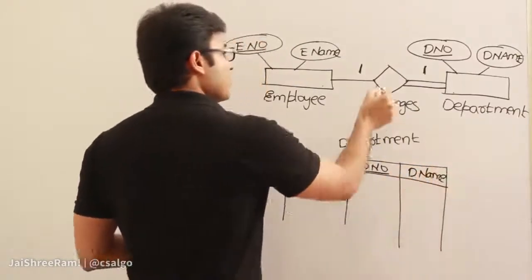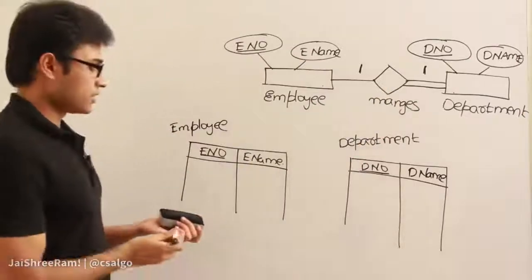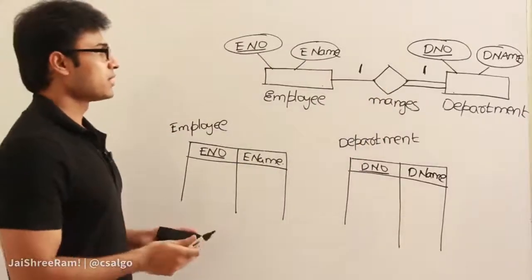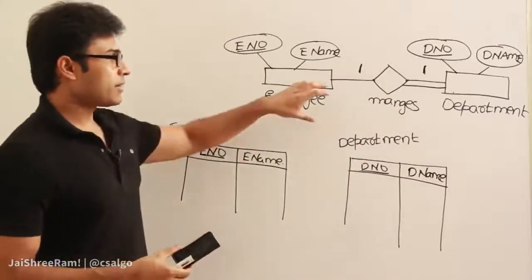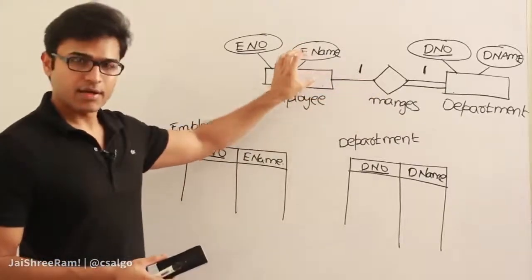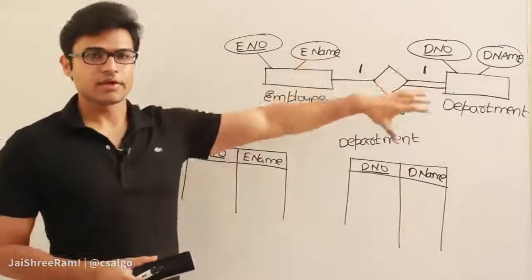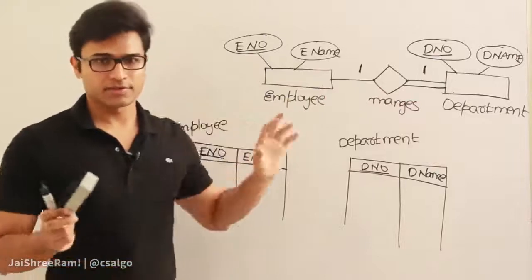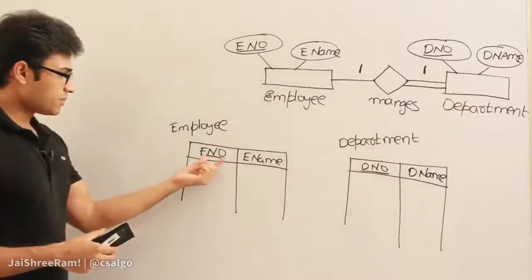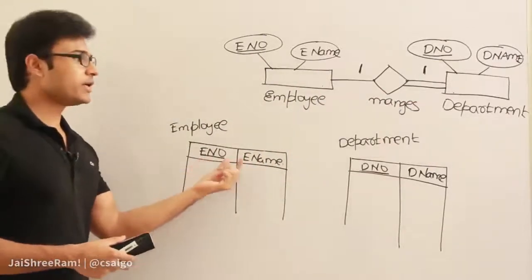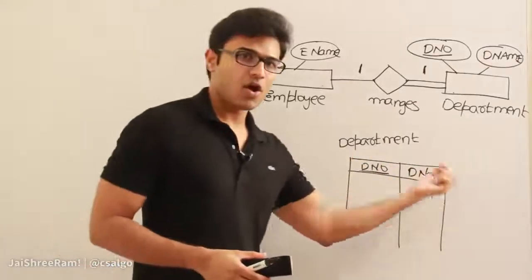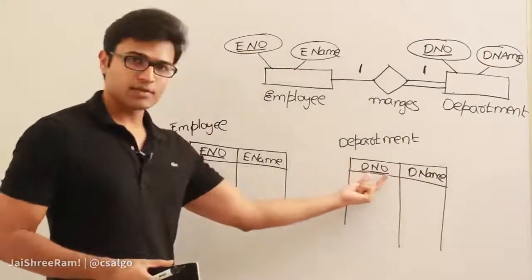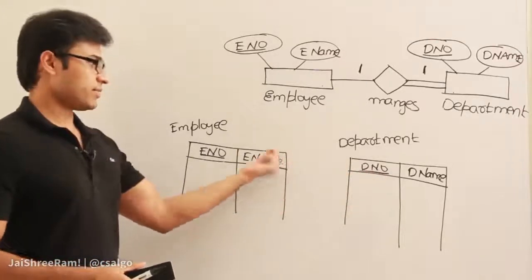Fine. Now in order to represent this relationship, the best method is to take the primary key of one side and include it as the foreign key on the other side. You can do it either way, which means you can take this primary key and include it as the foreign key here, or you can take this primary key and include it as the foreign key there.